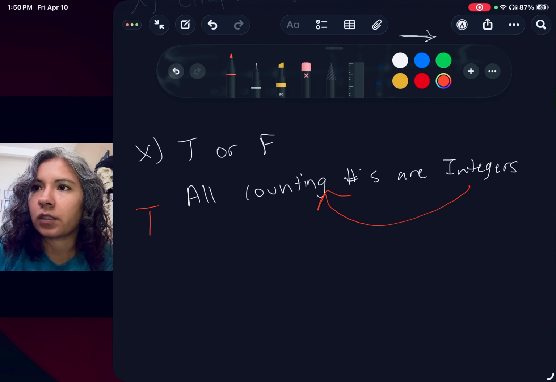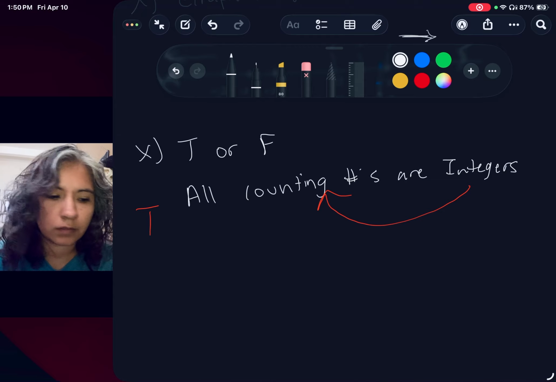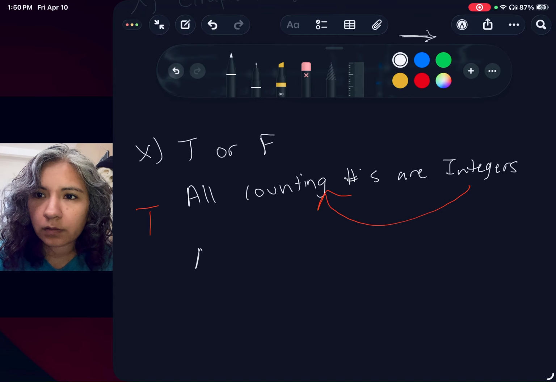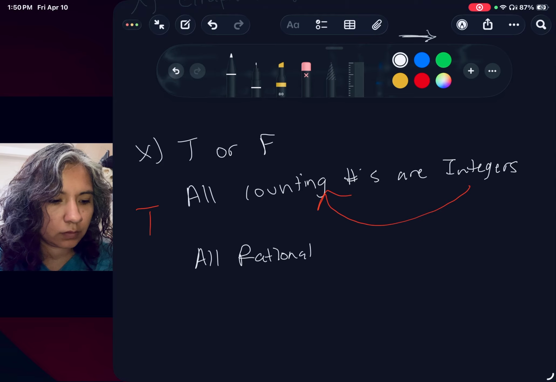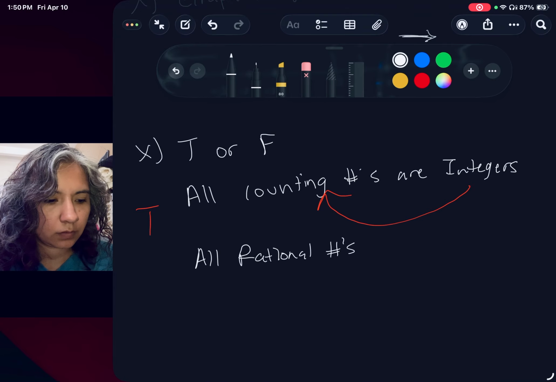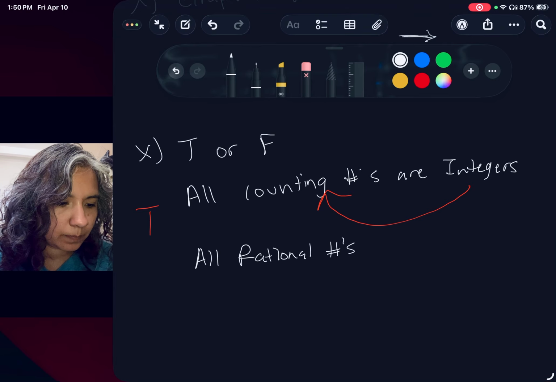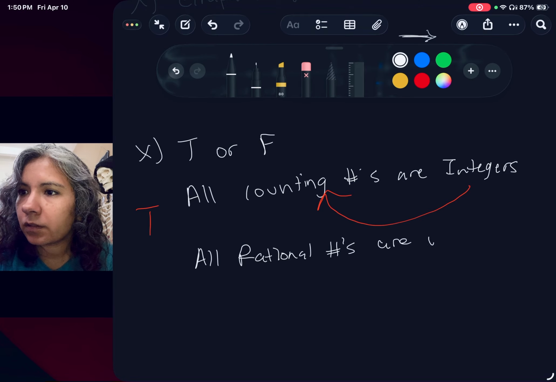Let's do another one. Let's say all rational numbers are whole numbers.